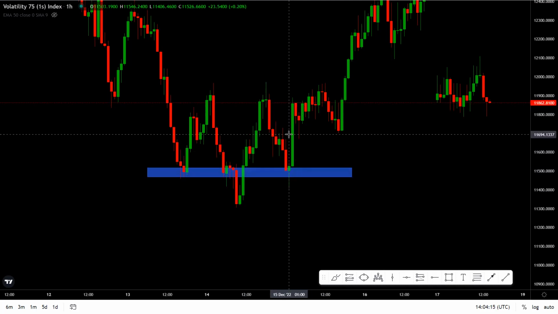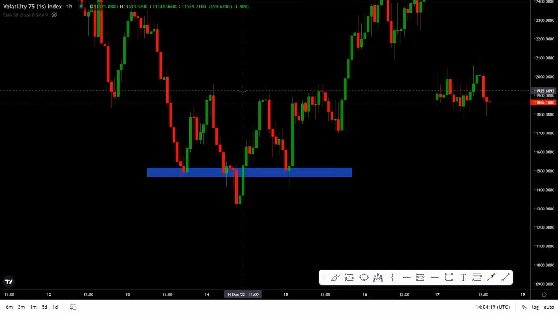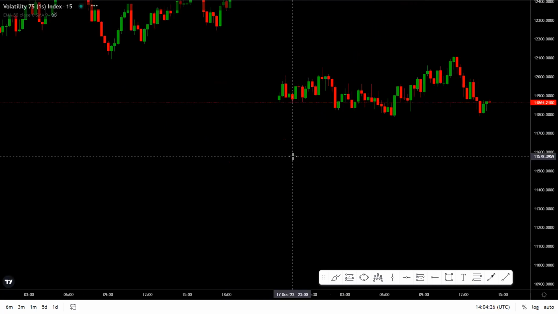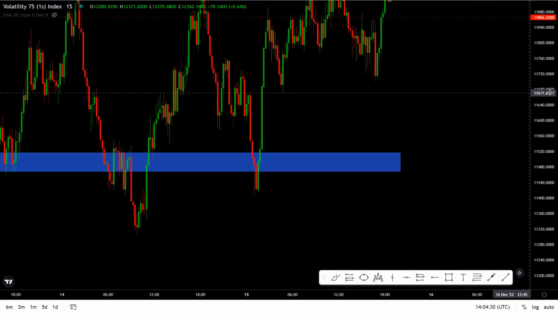So this is where, having identified the chart pattern from the 1 hourly time frame, I move down to the 15 minutes time frame to look for reconfirmations in line with the 1 hourly setup.